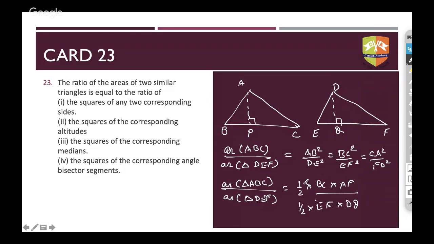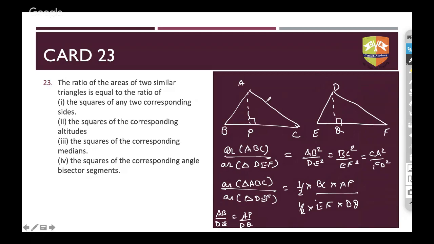Right, now half gets cancelled. Now somehow if I prove that AP by DQ is equal to AB upon DE, then we are done, and it is easily noticeable.